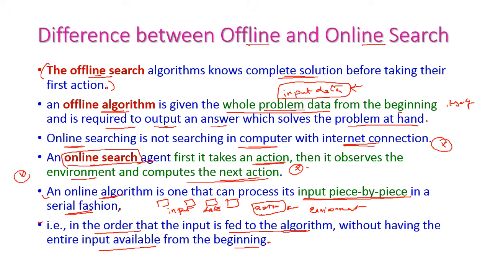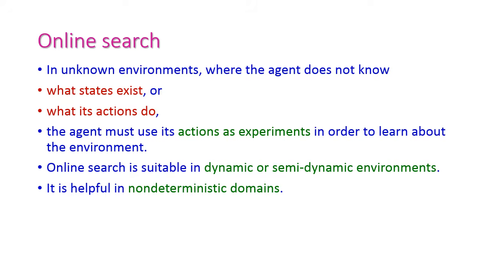The agent which is used in online searching is called an online search agent. Online searching is nothing but, in an unknown environment, the agent does not know what state exists, meaning the current state, and what its action does, that is the next state.